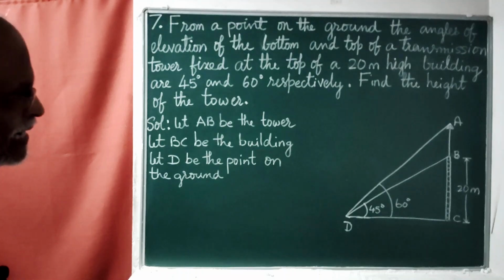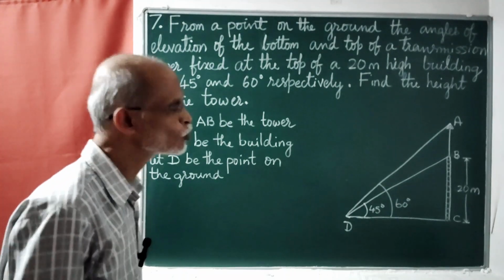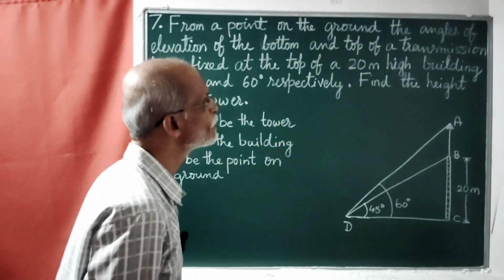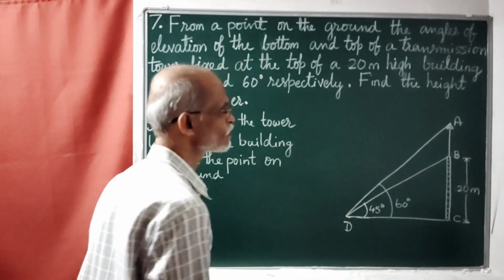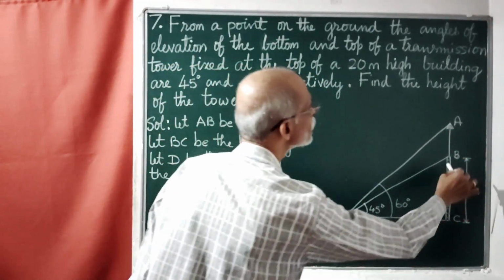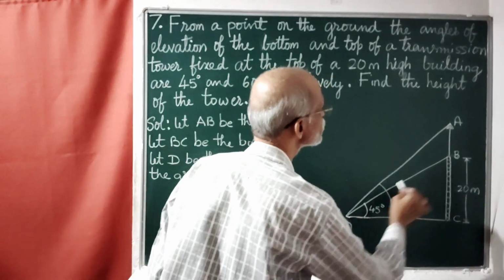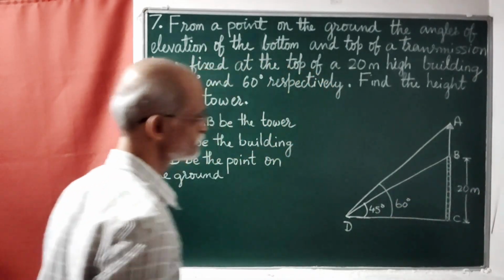Now you can see here there are two triangles. One big triangle, ACD, and one more triangle, the smaller one, BCD.